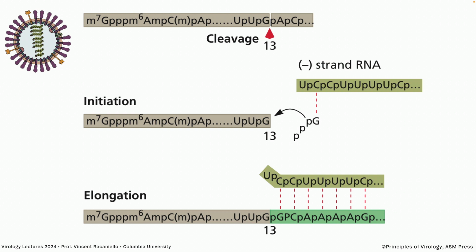And then that's used as a primer for RNA synthesis. So you can see the mRNA that's made by the polymerase has about 13 bases plus a cap from host cell mRNAs. And there are a couple of other viral RNA polymerases that do this as well. And again, the enzyme that does this cleavage is inhibited by an antiviral, baloxavir.